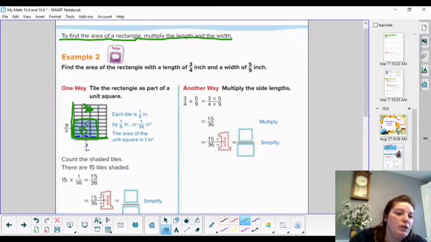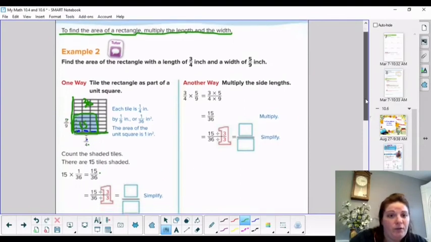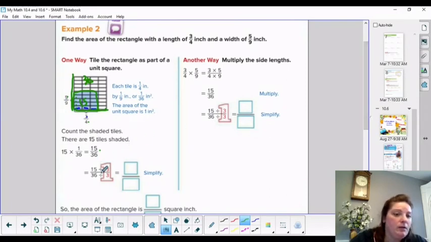So how many are shaded? 15 out of 36. You can see that right here. Could I simplify 15/36? Yes, I can. I can divide them both by 3. 15 divided by 3 is 5. 36 divided by 3 gives me 12. 5/12 is my fraction.